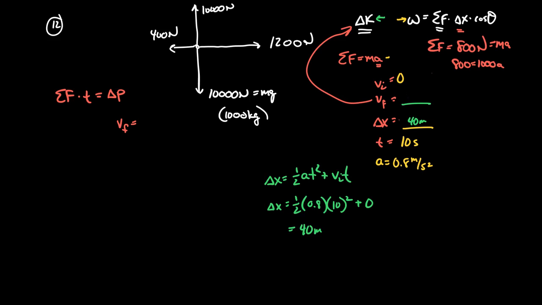Now we know the car travels 40 meters. The work done will be the net force, 800 newtons, times the distance the car travels, 40 meters, times the cosine of 0 degrees. And that force is in the direction the car went. That looks to be 32,000 joules of work.